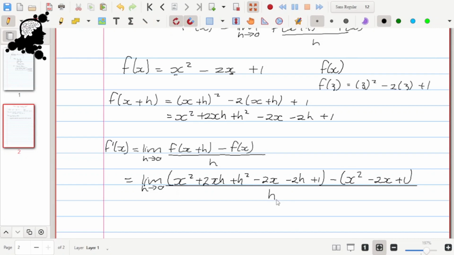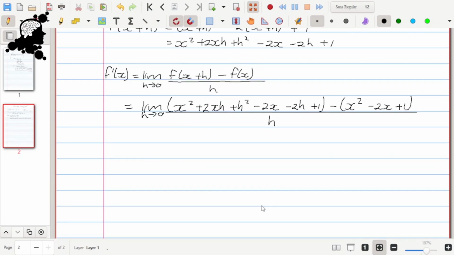Notice that since we cannot yet substitute h equals 0, we need to keep the limit sign. Only when we substitute h equals 0, that's when we take away the limit sign. So this is going to be the limit as h approaches 0. Now remove the brackets.